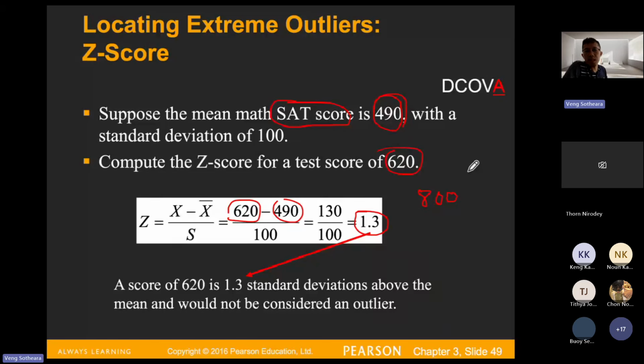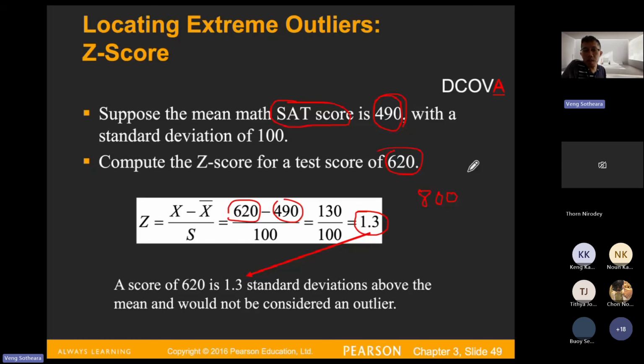A student gets an 800 score. So what is your idea, everyone? Too high, because in this case, what is the z-score? 3.1. Yes.